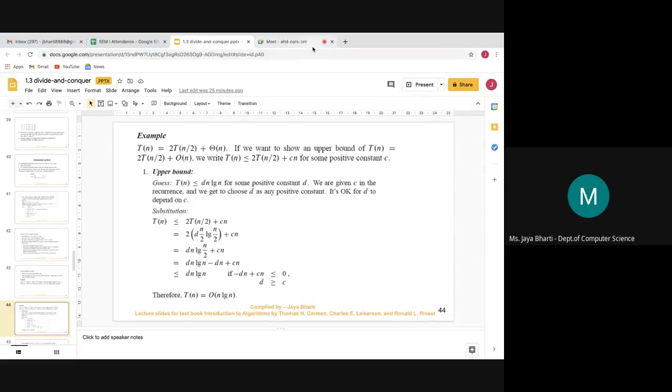Okay, did you understand why we did it this way? Because whatever we compute here should be exactly the same as this function that we have assumed, that we have guessed. We have guessed dn log n, and it is already written here, and we have some additive term, so we need to bound it to be less than or equal to 0. So that's why we have written minus dn plus cn is less than or equal to 0.